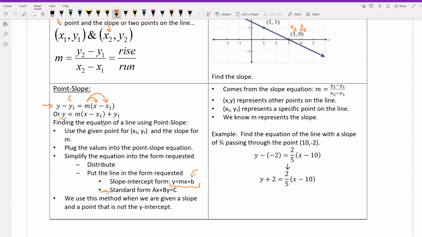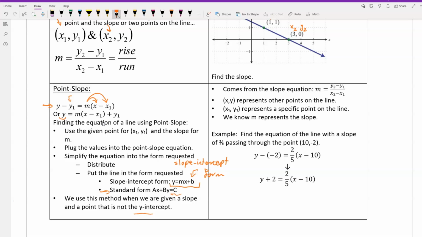And this is standard form: a times x plus b times y equal to c. So we had this one given for some of the equations, and we isolate y to have slope-intercept form. So this one that we have here is slope-intercept. We use this method when we are given a slope and a point that is not the y-intercept.